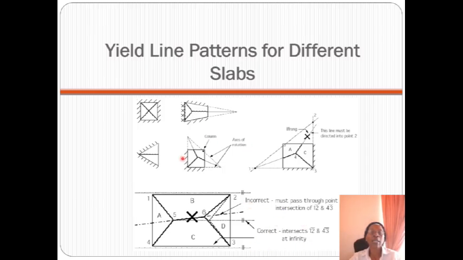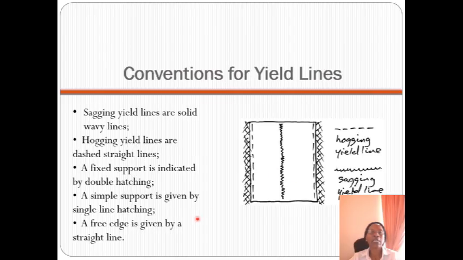When you look at that particular illustration carefully, it will help you to come up with the yield patterns, because the yield patterns are the ones which will help us to work out the work done, to interpret the collapse as accurately as possible. So identifying and drawing yield patterns correctly is a major part of yield line analysis.